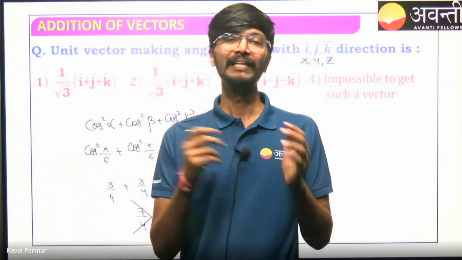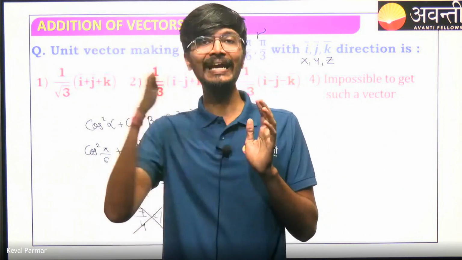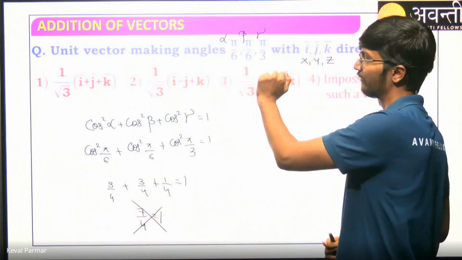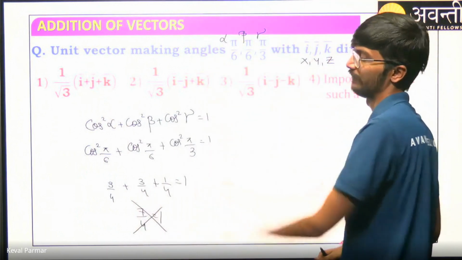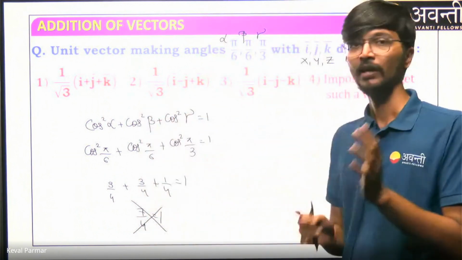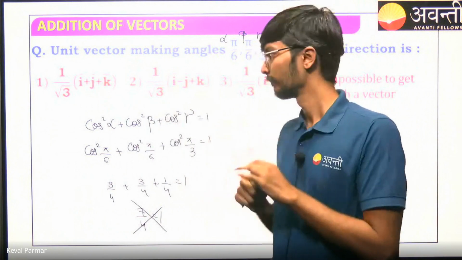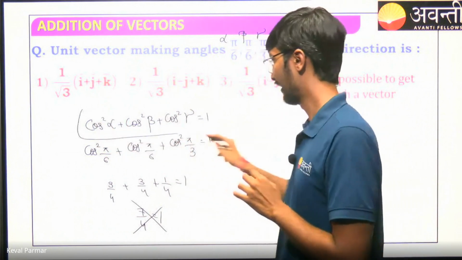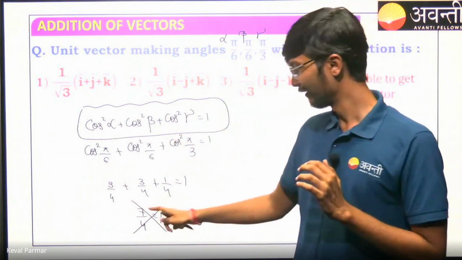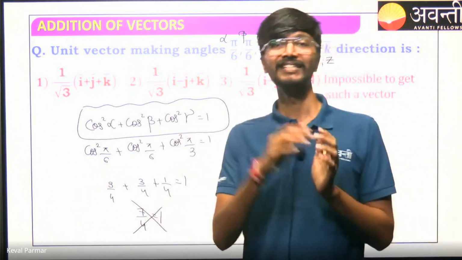That means there does not exist any line in space which makes angles pi by 6, pi by 6 and pi by 3 with the x, y and z axes, because for a line to exist, this condition should be satisfied. We checked it and got 7 by 4 equals 1, which is not true.